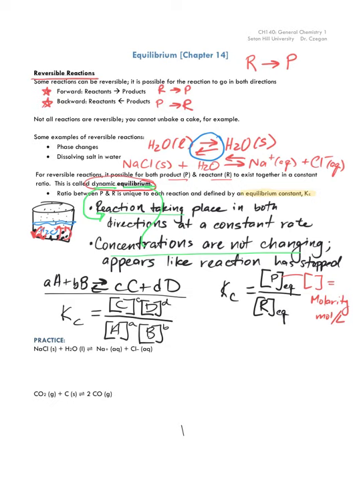When we write these, it's important to note that we only include substances whose concentration can change. So when we write what's called an equilibrium expression, we do not include pure solids or pure liquids.